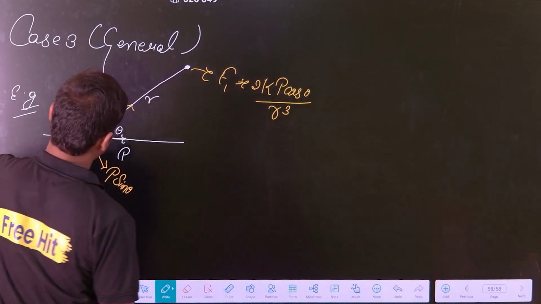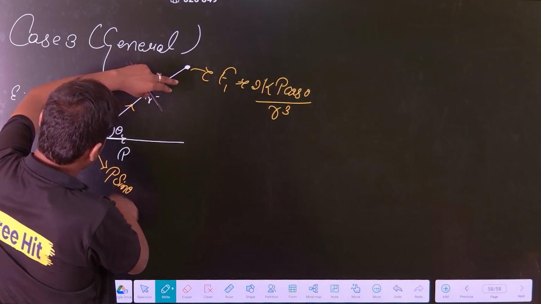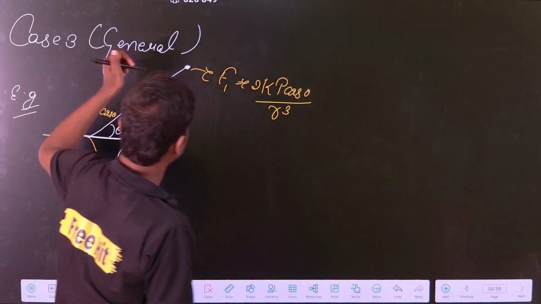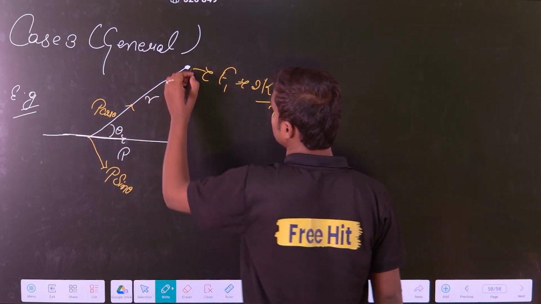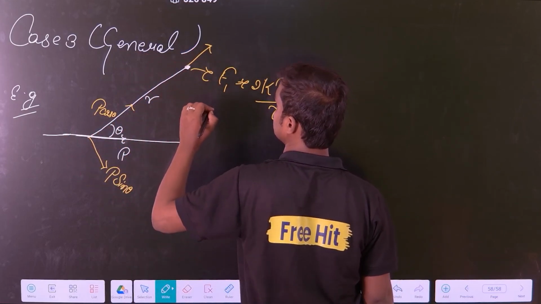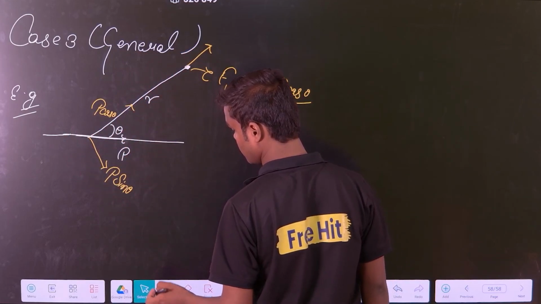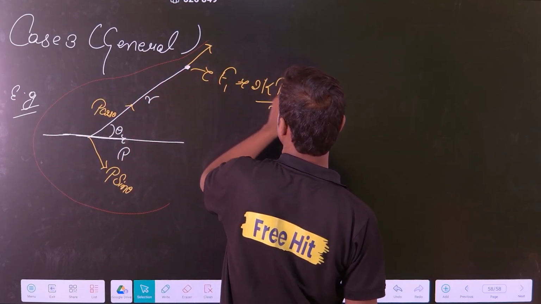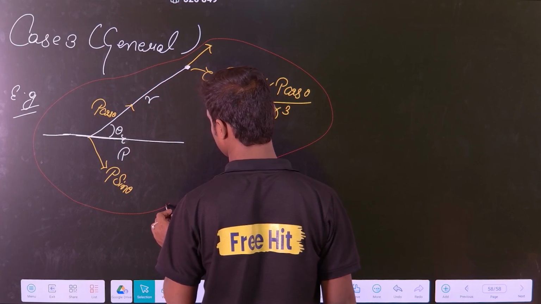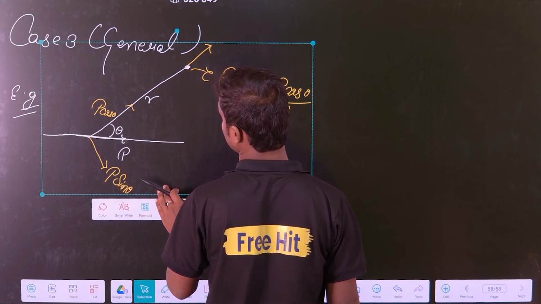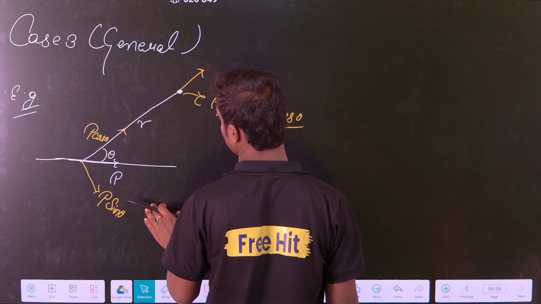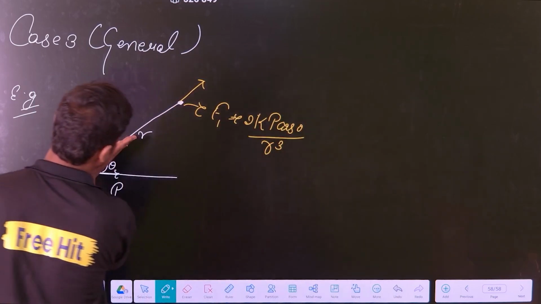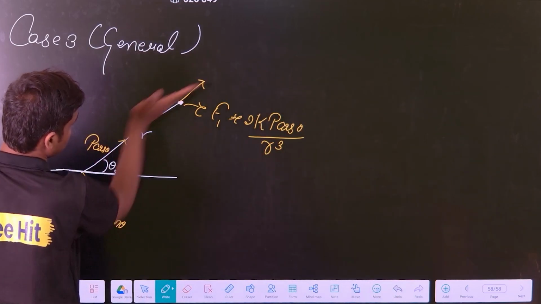But for this point, this dipole moment is in the equatorial position because it is perpendicular. Let me first bring it down a little. For this dipole moment, the direction is this because it is axial.